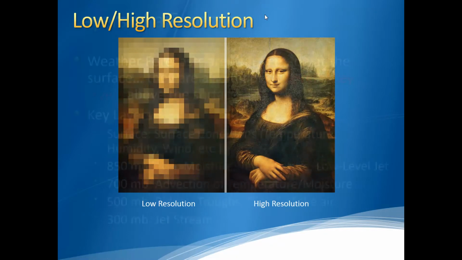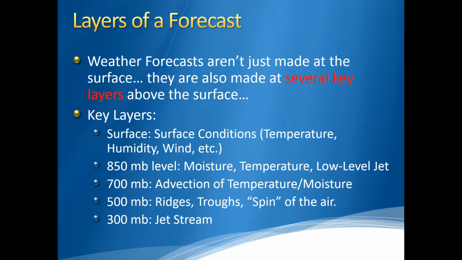Now, as I mentioned a few minutes ago, not only are we making weather forecasts for different grid boxes at the surface, we're also making them for key layers above the surface. The reason why is because what we see in the upper layers of the atmosphere can tell us a lot about weather at the surface, especially when it comes to forecasting weather. There are different layers that we as meteorologists look at.